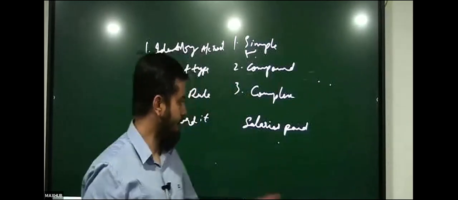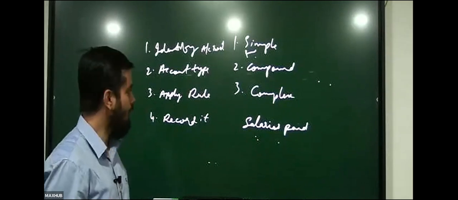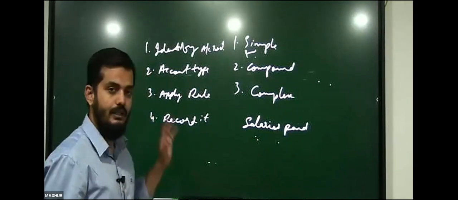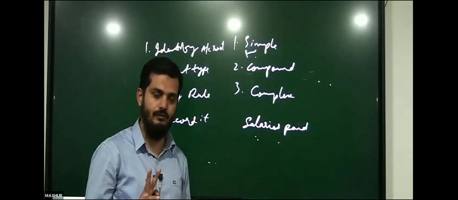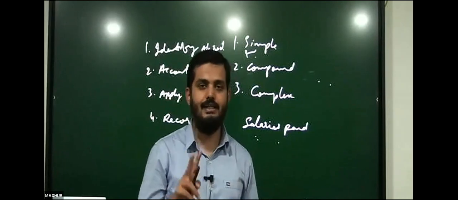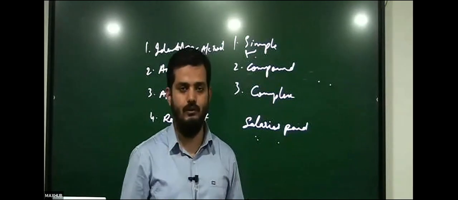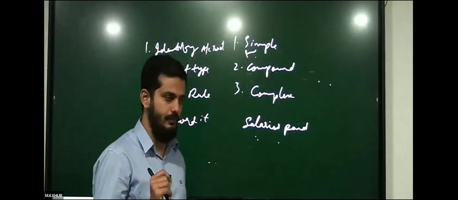In our example, we are starting with salary paid. So what is the first step? We need to identify the accounts involved. As we are following the double entry bookkeeping system, there have to be at least two accounts involved. When we are paying salary, what are the two accounts?